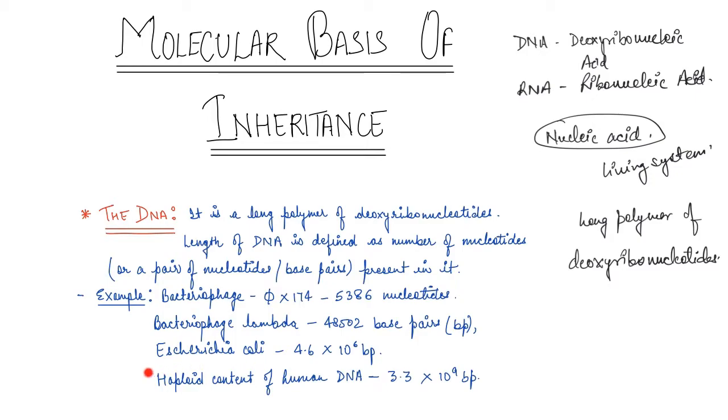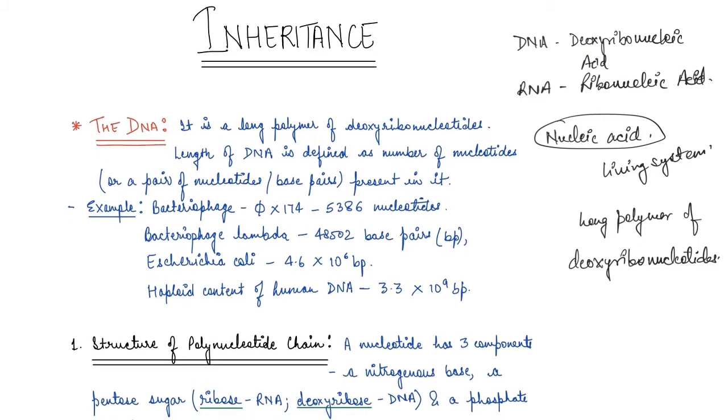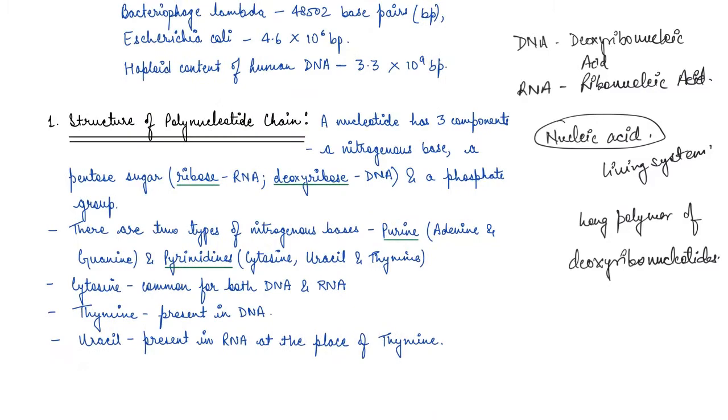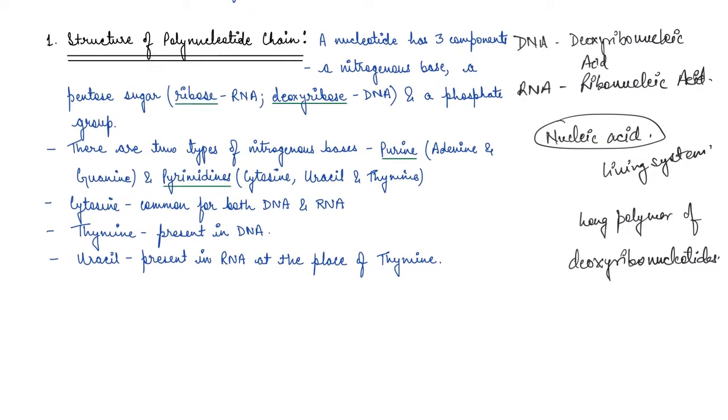So half of the content of human DNA has 3.3 into 10 to the power 9 base pairs of nucleotides, right? So the length of DNA depends on the number of base pairs or number of nucleotides which are present in them. And DNA is nothing but a long polymer of deoxyribonucleotides.